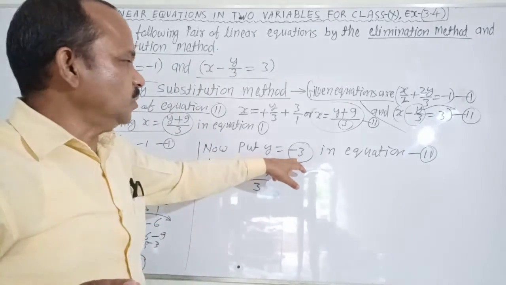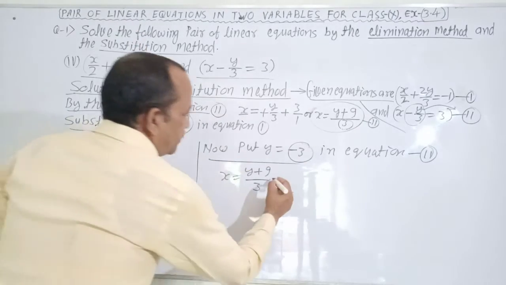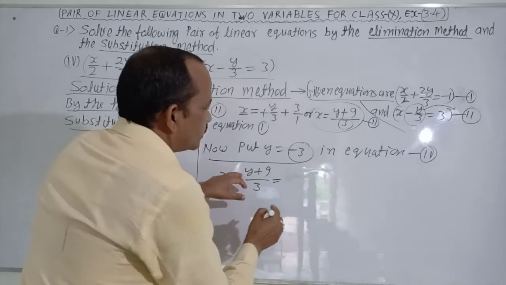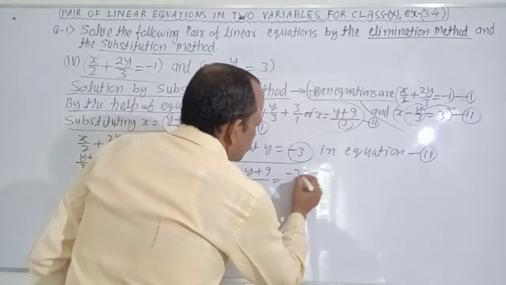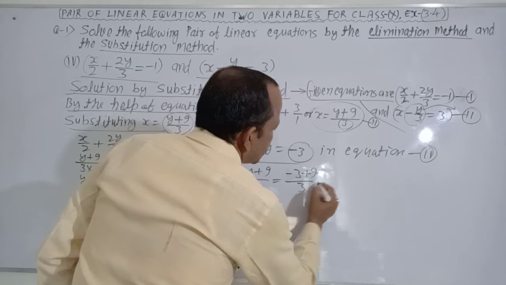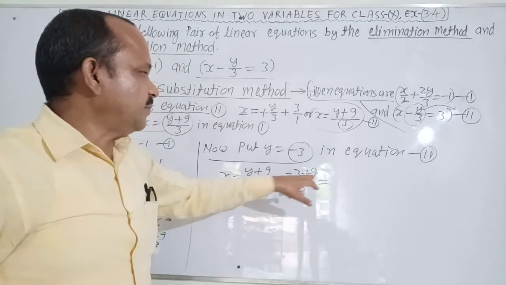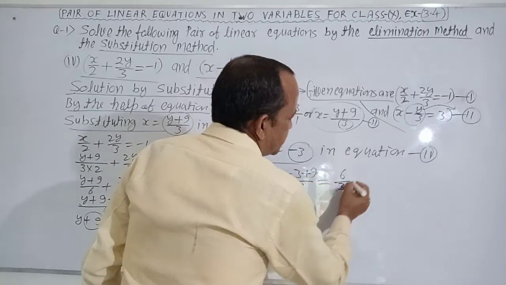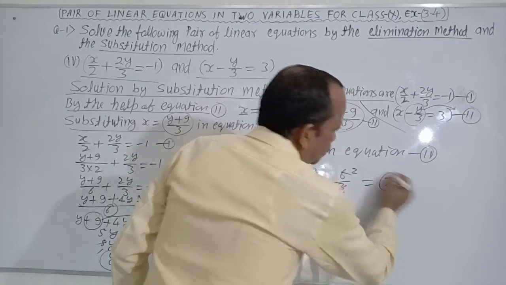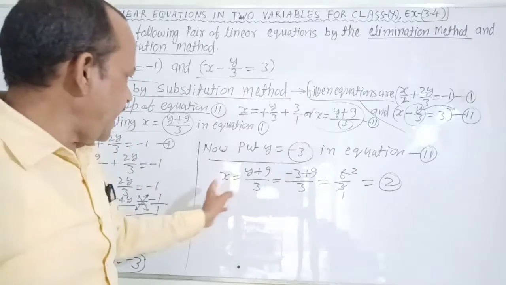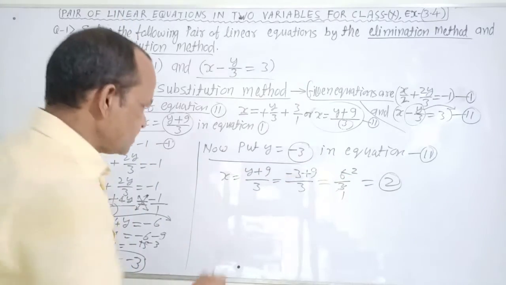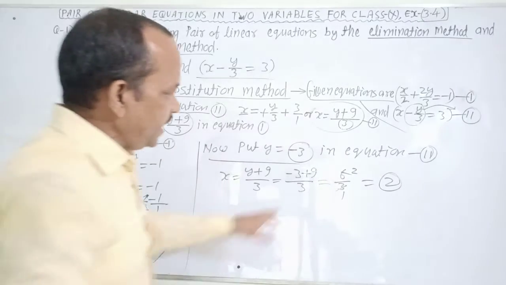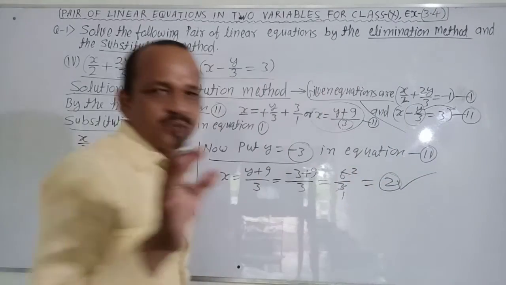Put y equal to minus 3, it becomes minus 3 plus 9 by 3 equal to, you subtract it, it becomes 6 by 3, 3 twos are 6, equal to 2, x equal to 2. Hence here you find y equal to minus 3 and x equal to 2.